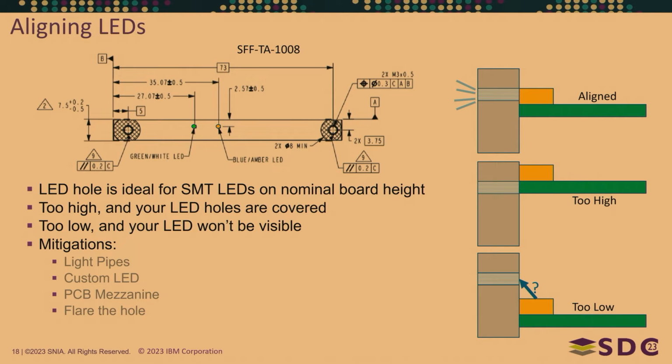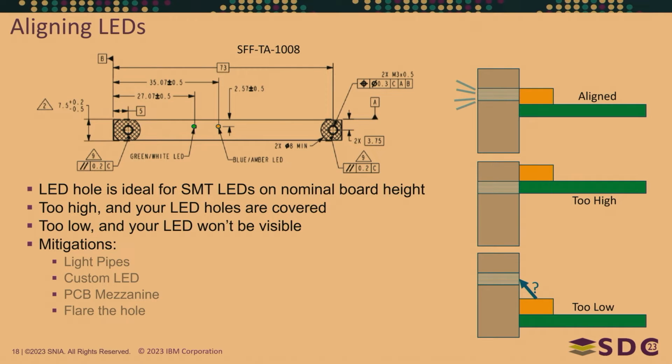So the LED problem, here's an excerpt from the spec again. The LEDs are put in a place specifically to be right at a surface mount location on a standard PCB orientation there. So if you move your PCB up and down, well, you're out of your hole now. So if you're too high, then your PCB is obscuring the hole.